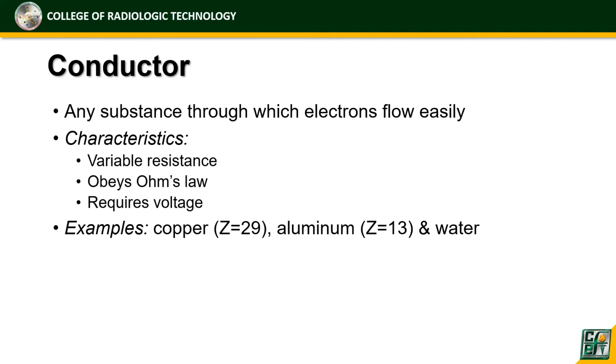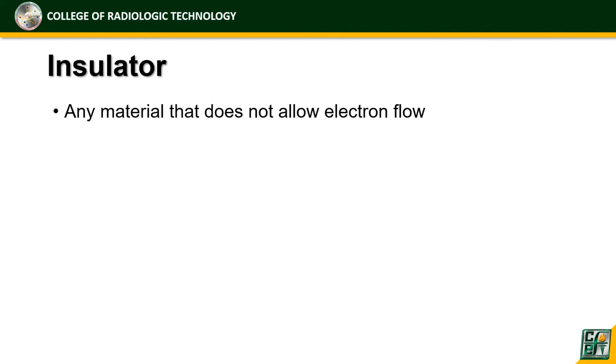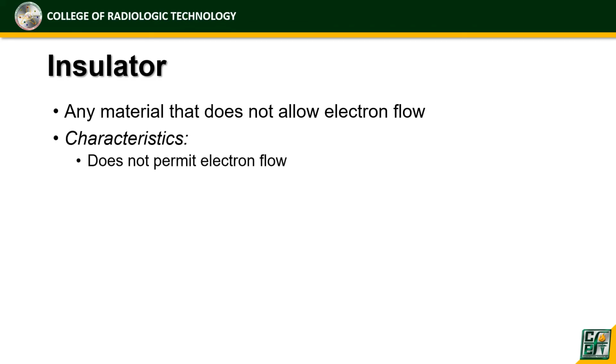Now, after conductor is the insulator. Any material naman that does not allow electron flow. So, pinipigilan niya ang pagdaloy ng electrons. Insulator. Okay? Characteristic: does not permit electron flow.